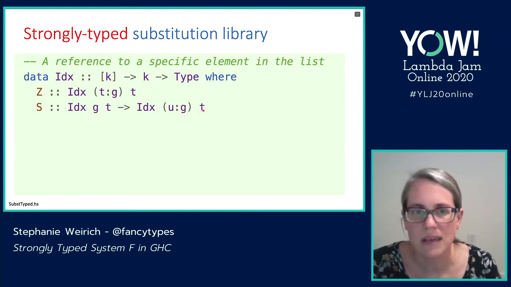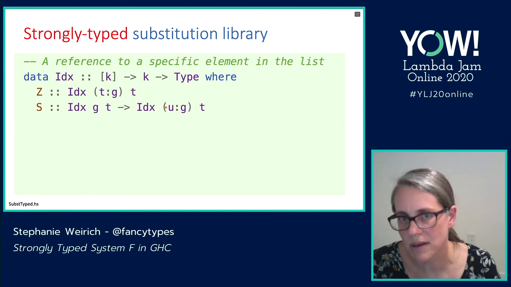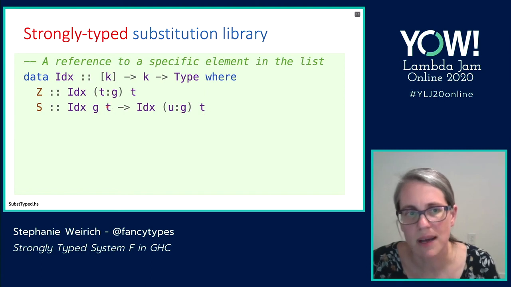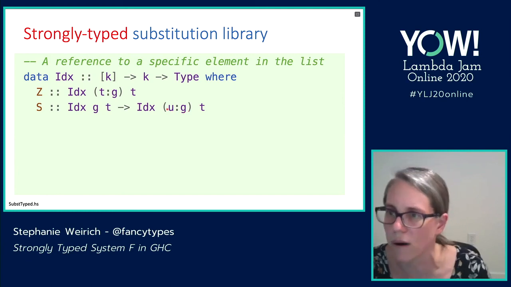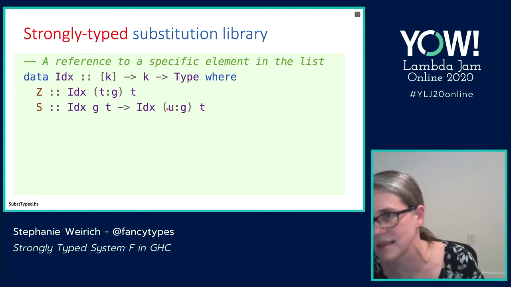So if we have a list, it's non-empty, and we should know the successor index is going to tell us if we can find T in here, then the successor is going to push it and say, well, we need to go look one more to find out where index T is, right?